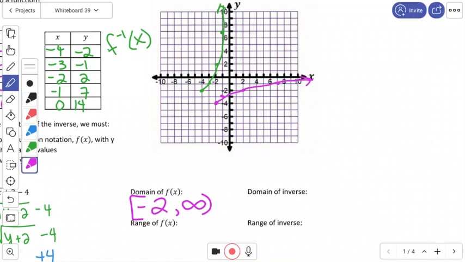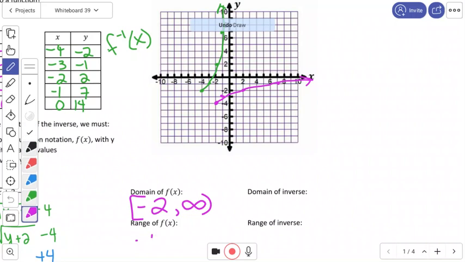And the range for this function starts at a height of -4 and goes up to positive infinity. So from -4 to positive infinity, that's our range.